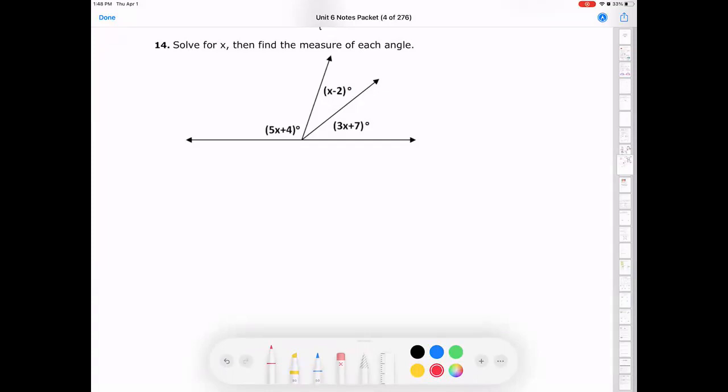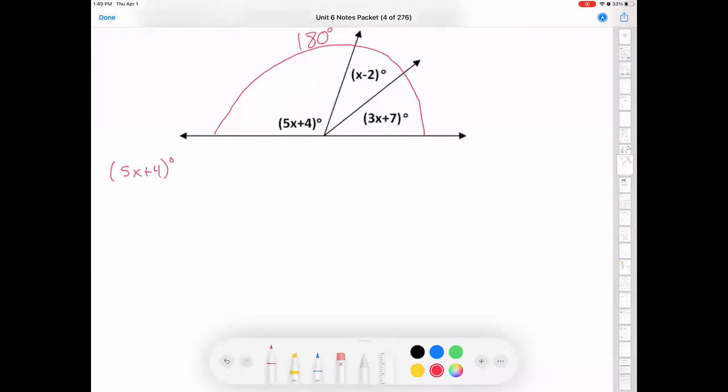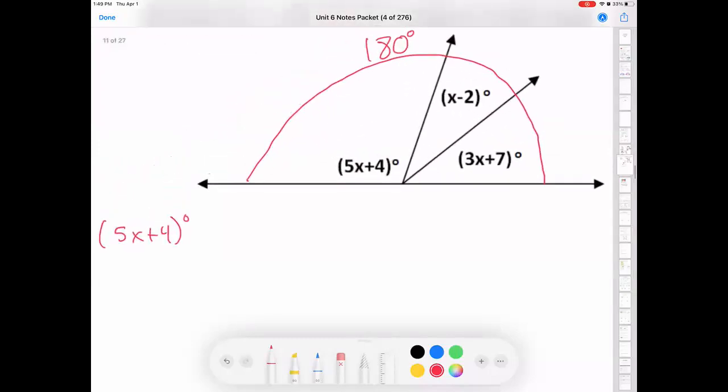Now, looking at these angles, we see that when we combine all 3 of them together, we should get that supplementary case where it's 180 degrees. And so as a result, we're going to take our 5x plus 4. We're going to take our x minus 2.